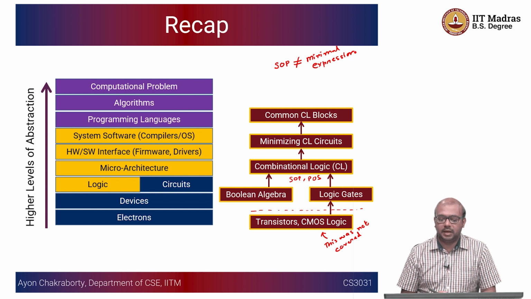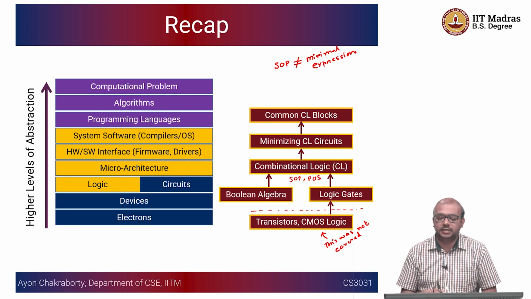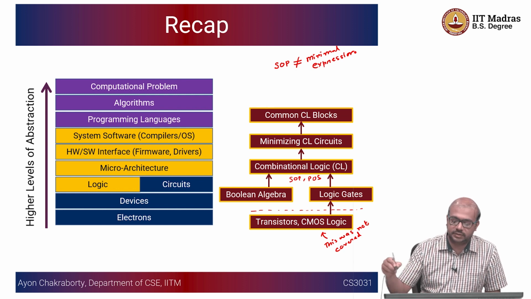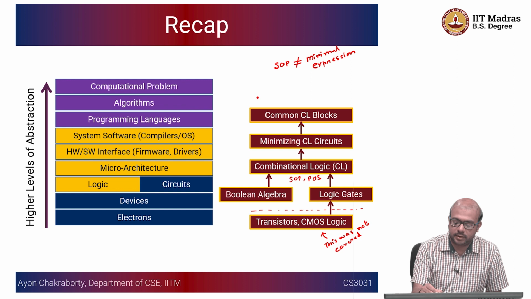After that, we also looked into a bunch of common combinational logic blocks. Sometimes we do not make everything from scratch using gates, but we use off-the-shelf components, some common Lego blocks. If you remember, we were using things like comparator circuits, adders, multiplexers or demultiplexers, encoders as well as decoders.